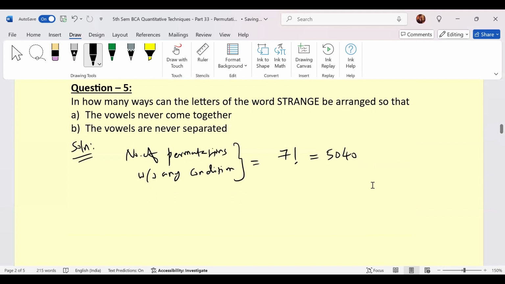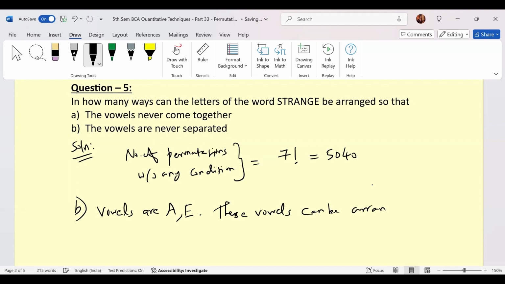Now, let us do first part B. The vowels are never separated. Vowels in this word are, one is A, another one is E. These vowels can be arranged among themselves in 2 factorial ways.